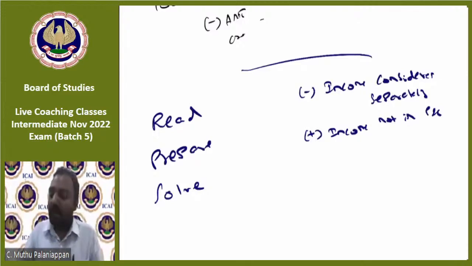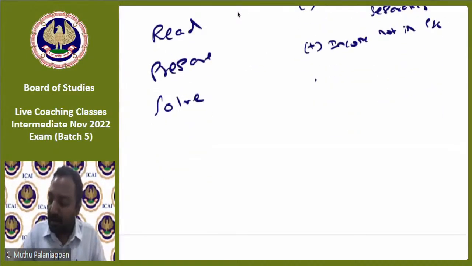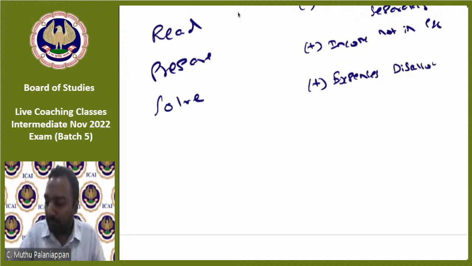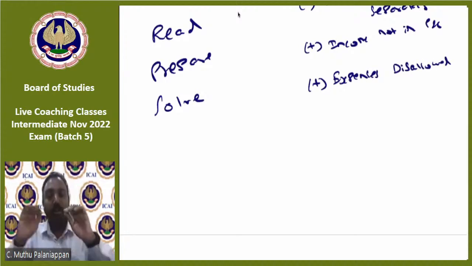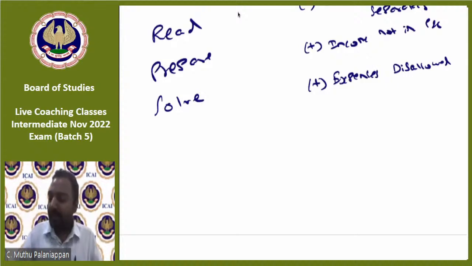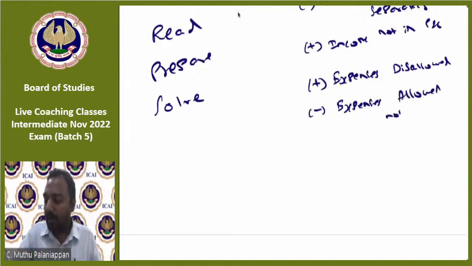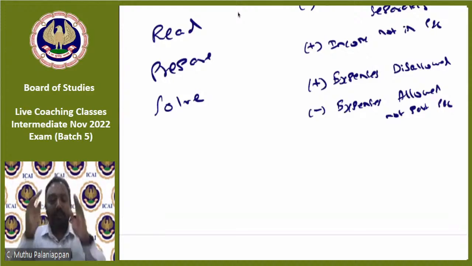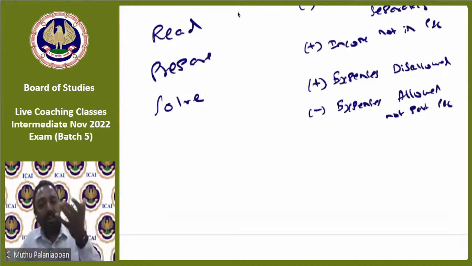So this is called addition. Next, another addition: expenses disallowed. Expenses that are not allowed under the Income Tax Act must be added back to profits. And then you need to reduce expenses allowed but not part of P&L. There are expenses which are actually allowed, but not part of the P&L, so you need to allow them as an expenditure.